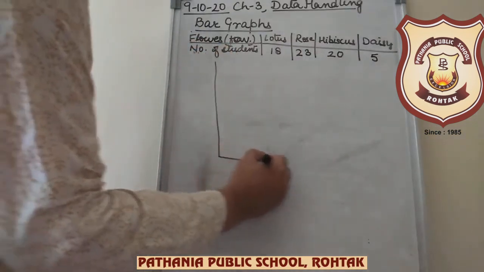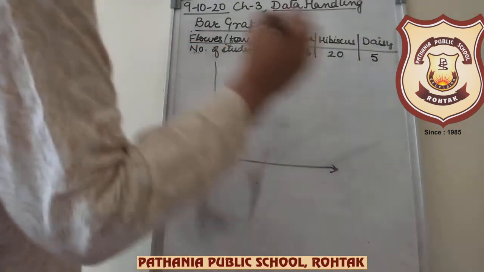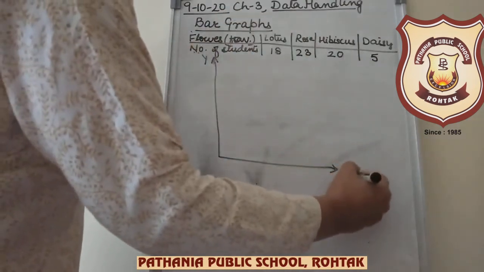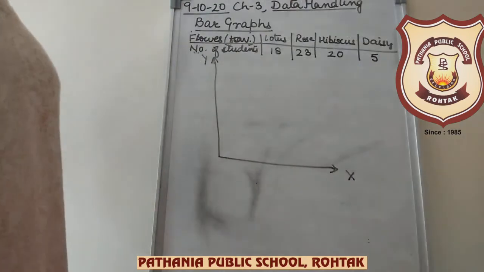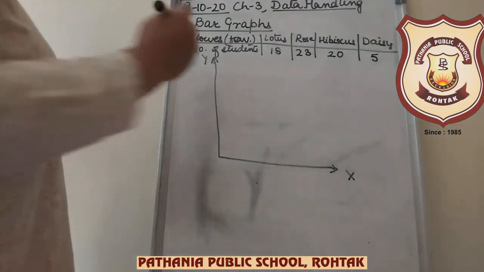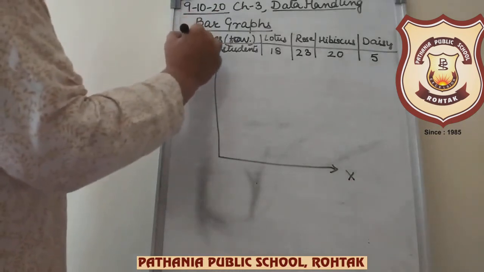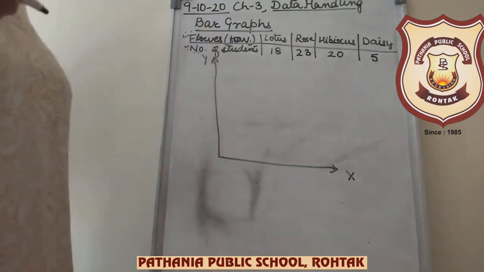First draw the main lines, the x-axis and the y-axis, and the foremost important thing that you have to mention on the x-axis and y-axis are the 2 things, the flowers and the number of students.